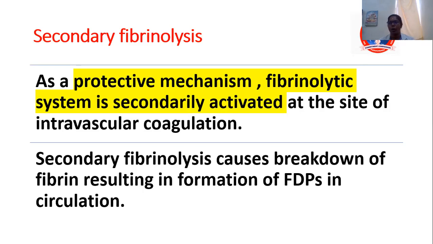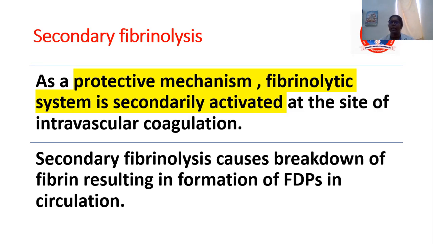Next is secondary fibrinolysis. Actually, it is a protective mechanism where the fibrinolytic system is secondarily activated at the site of intravascular coagulation. Wherever the intravascular coagulation has occurred, as a protective mechanism, our body tends to break the clot with the help of the fibrinolytic system.